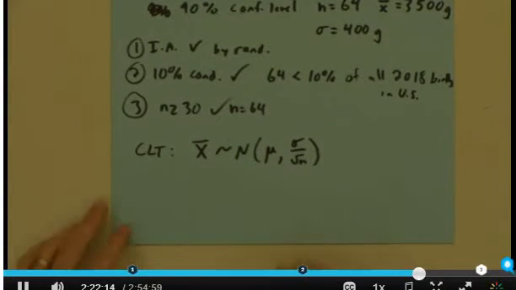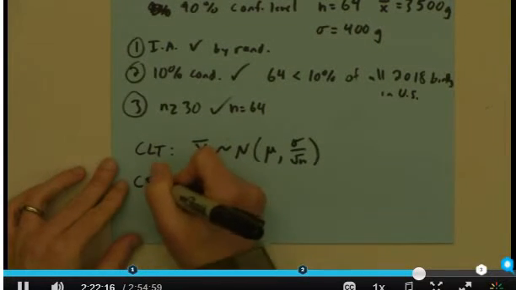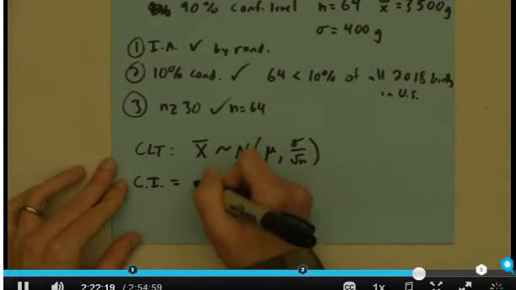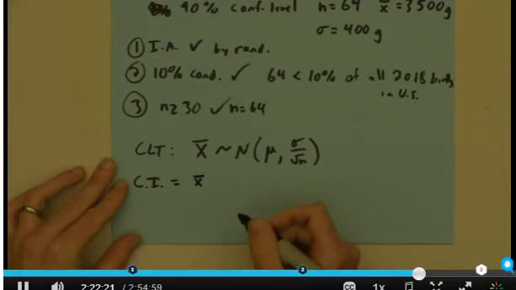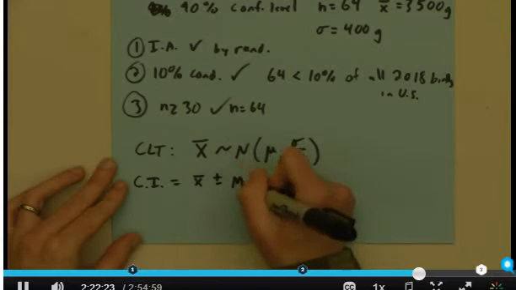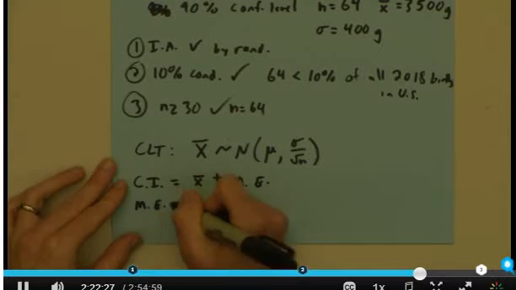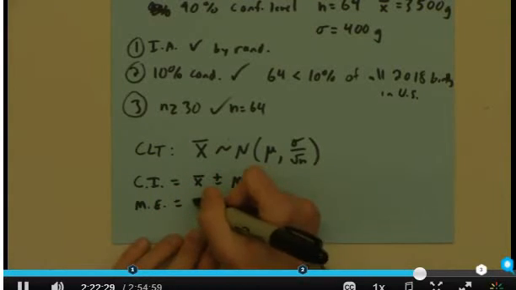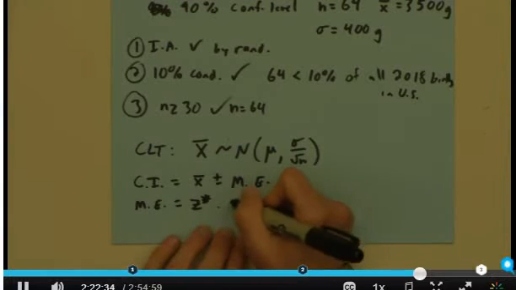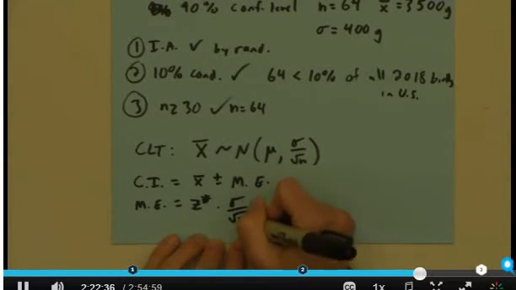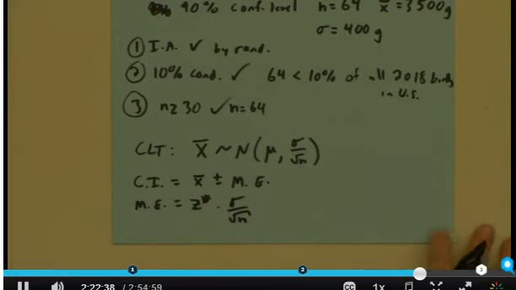How do I produce my confidence intervals? Well, it's always going to be whatever I saw in the sample, plus or minus the margin of error. And remember, the margin of error is my critical z-score times my standard error, which in this case is sigma over the square root of n.